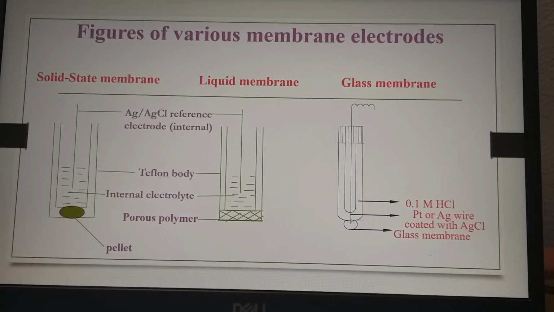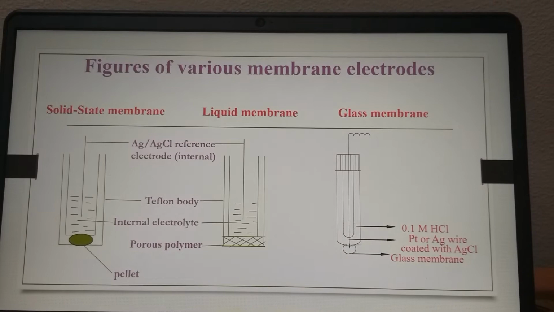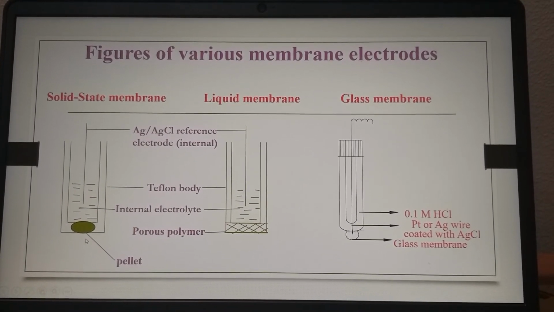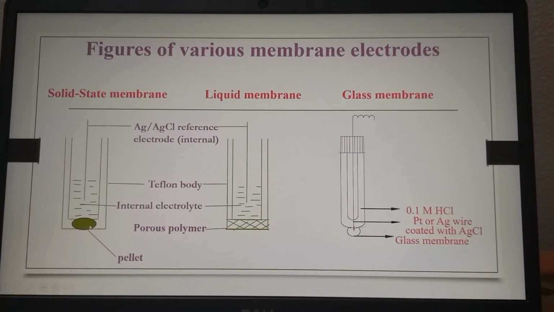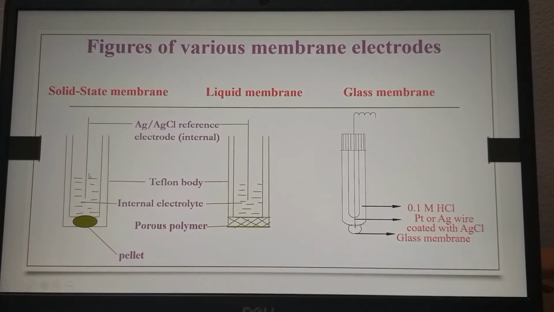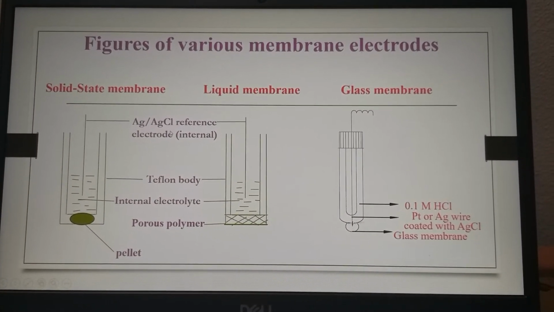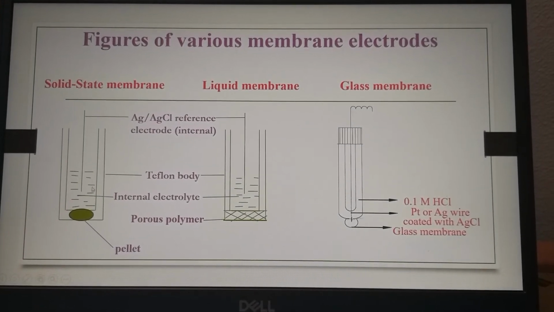These electrodes are illustrated with the help of figures. We can see here the solid state membrane electrode where the silver sulfide, silver chloride pellet is kept. The internal reference electrode is made up of silver chloride, and there is an internal electrolyte.